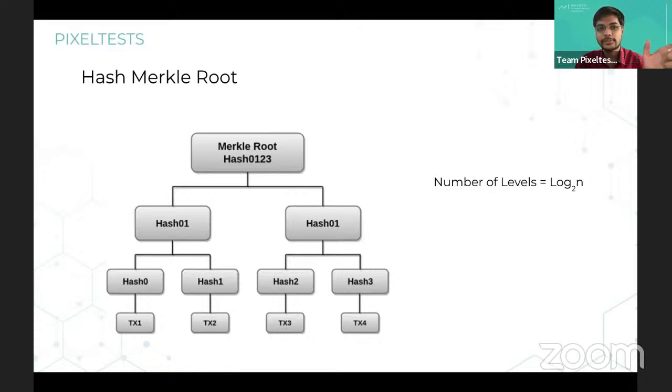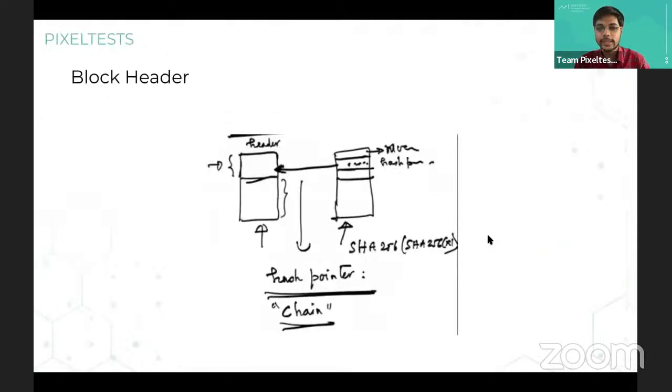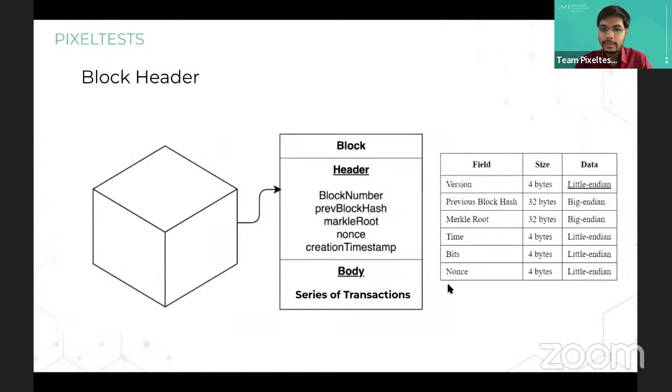When a mismatch is found, it is flagged as manipulated or tampered, and that block will not be accepted.